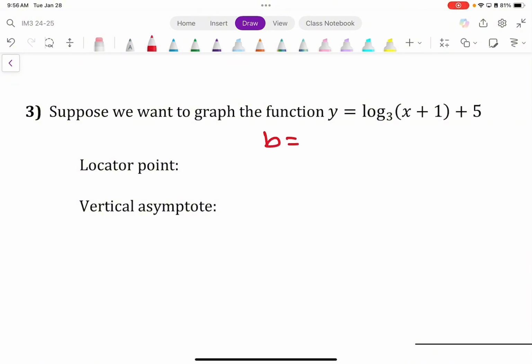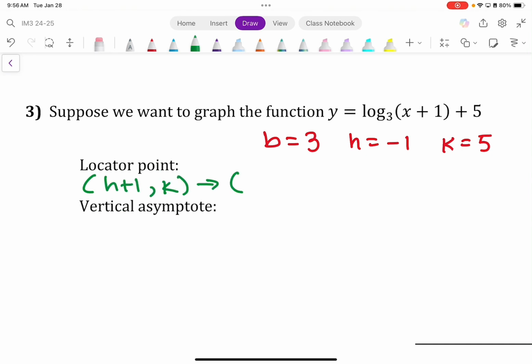So log base 3, so base 3. What is the value of h? X plus 1. So do I write positive 1 as my h value, or do I change it? Change it to a negative 1. And then k equals 5. All right, locator point is h plus 1, comma k.